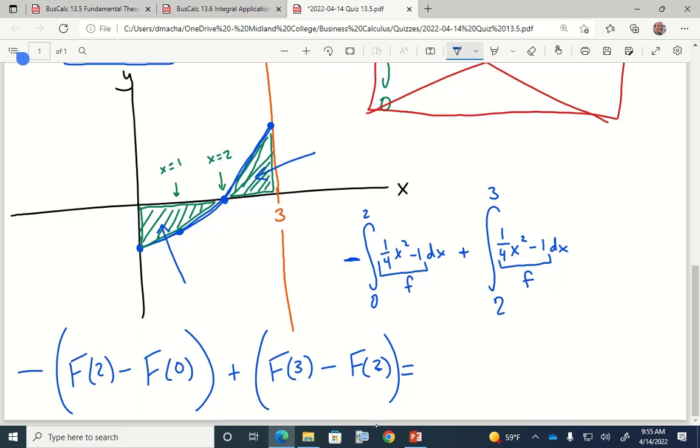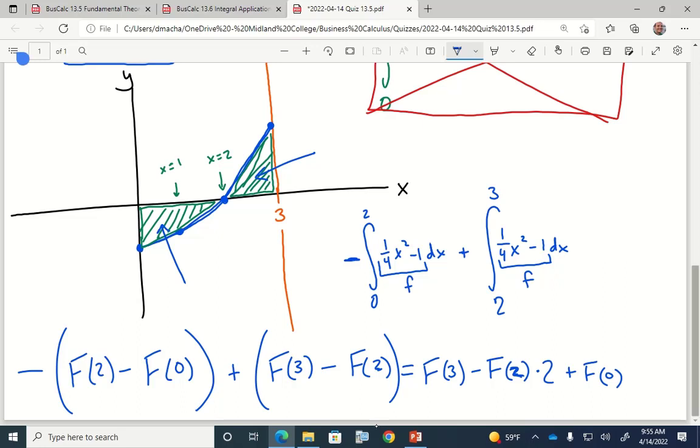Okay, so if I distribute the negative sign here, then I'm going to have capital F of 3 minus capital F of 2, minus capital F of 2, and then plus capital F of 0. So I need to evaluate those three things.